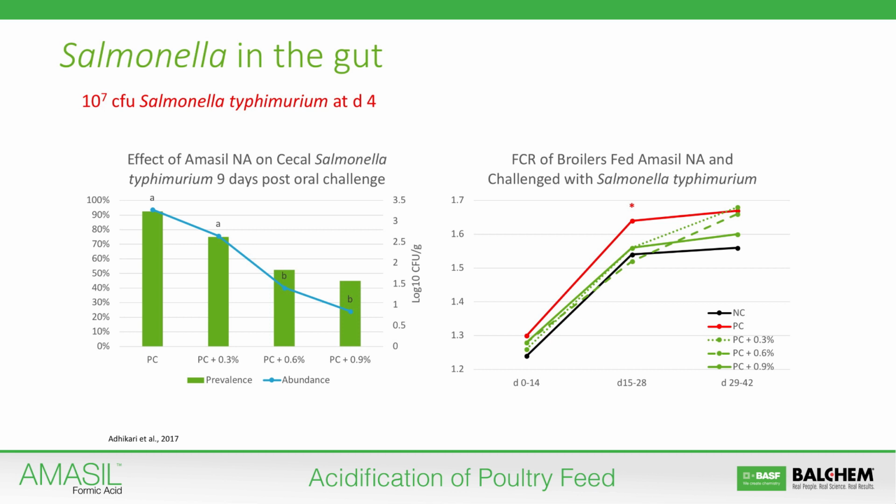Whether or not this feed efficiency improvement is a result of the challenge itself, there seems to be, due to that positive control difference. But there's also the digestibility potential that we've enhanced the availability of these nutrients, feeding that bacteria less in addition to applying pH pressure to it.